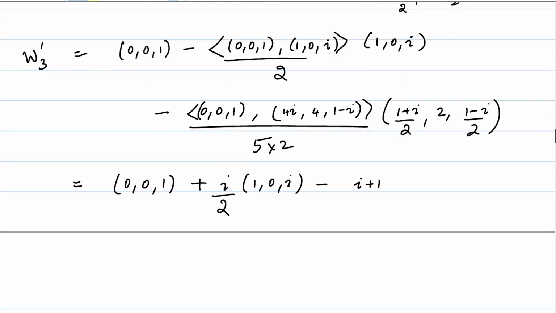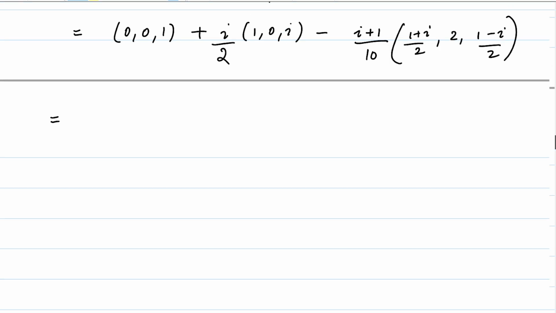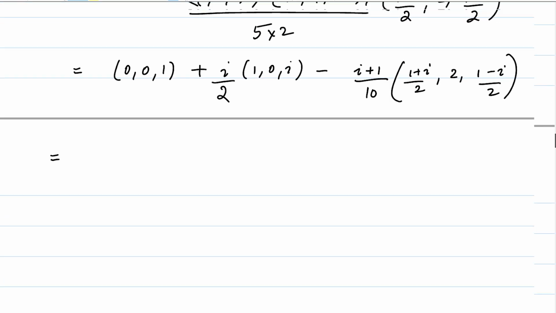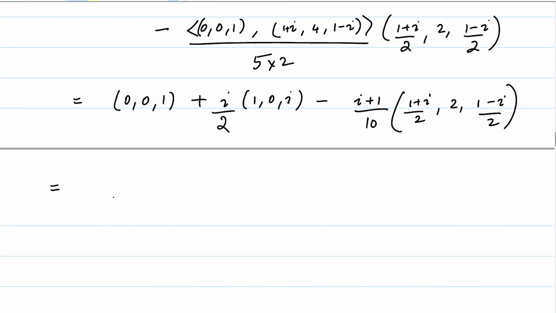So this is half, and yeah, this is right. So this is going to be (1+i)/10 times (1+i)/2, 2, and (1-i)/2. Okay, so maybe there is some mistake. We'll see what the mistake is, if at all there is one.